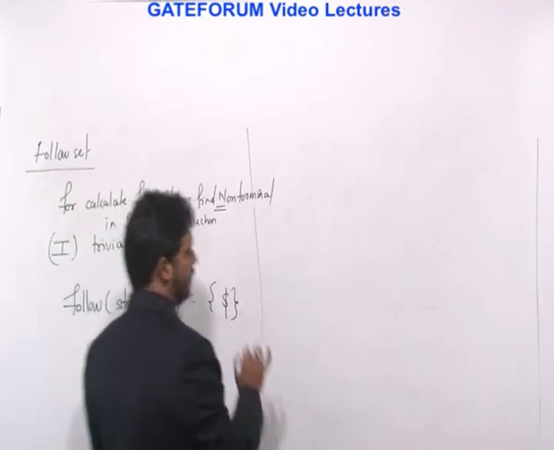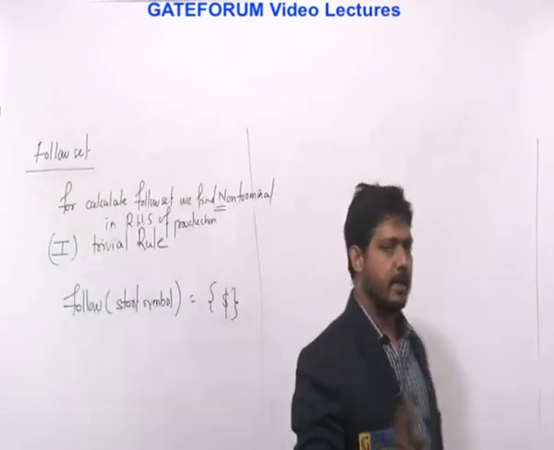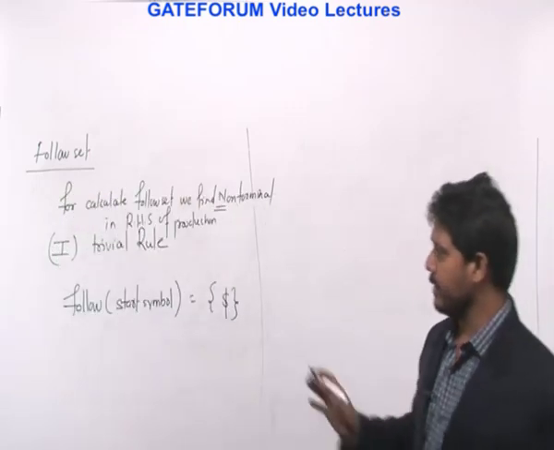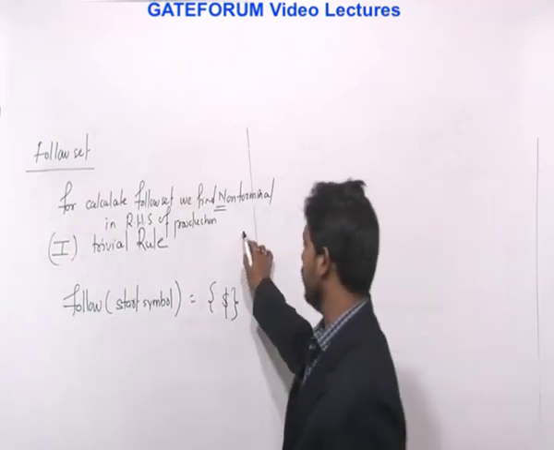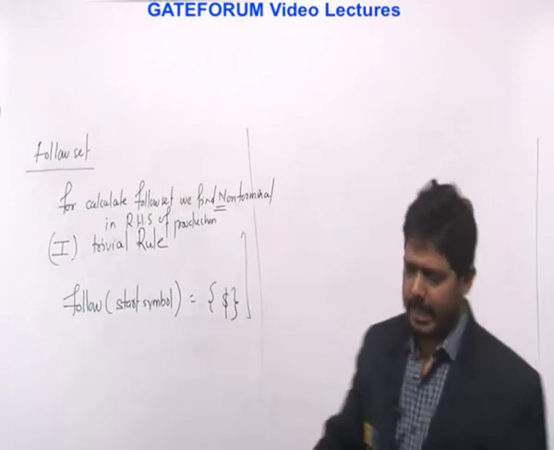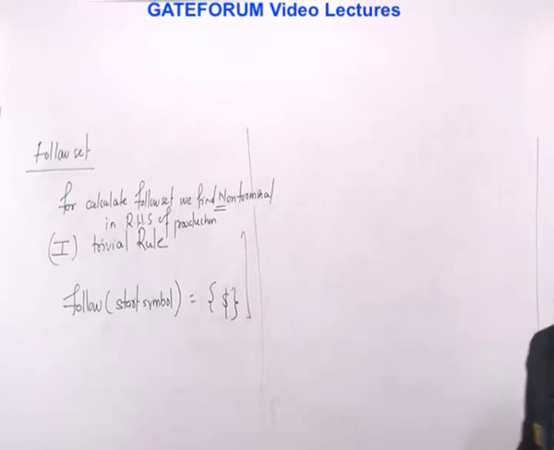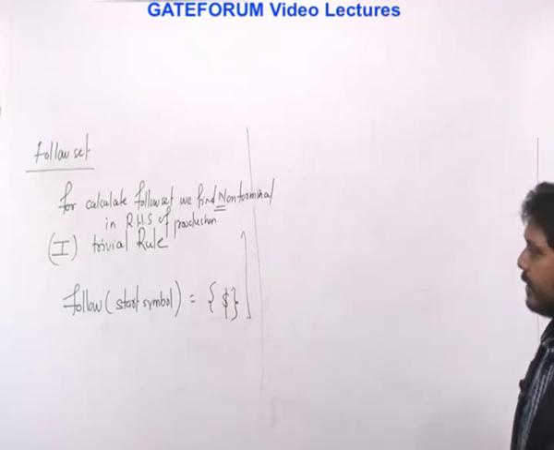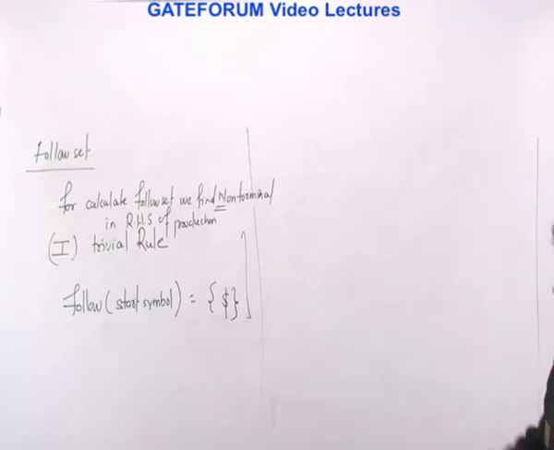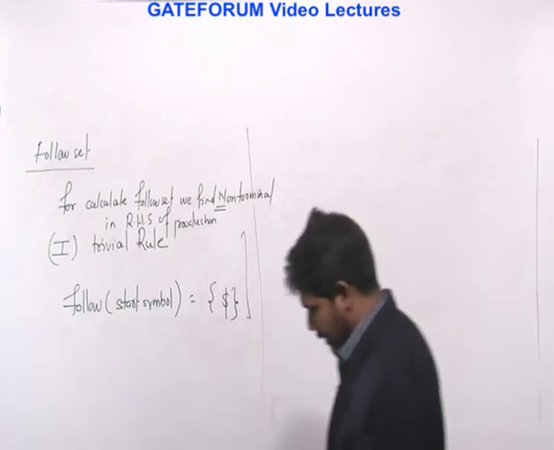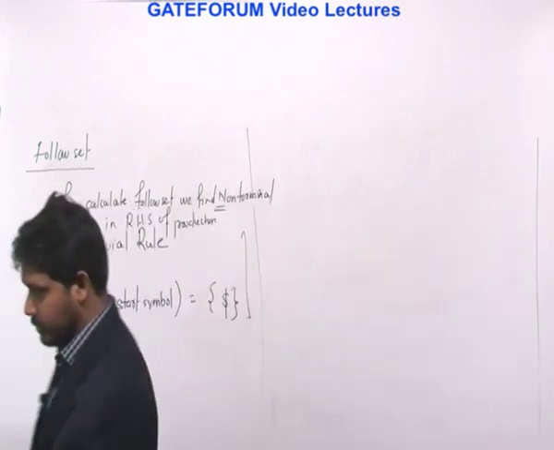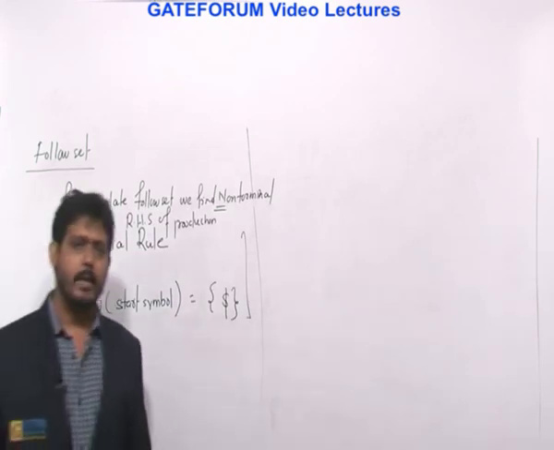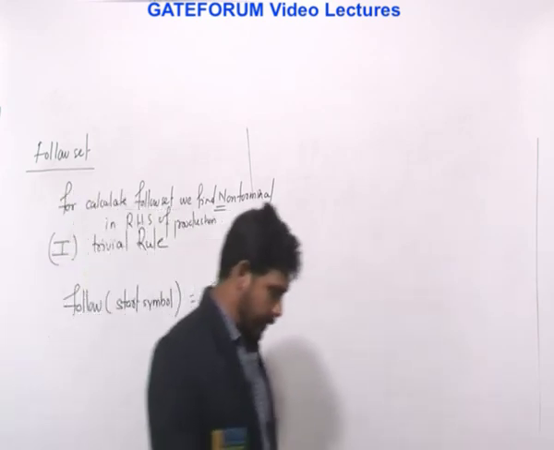So you find all the non-terminal places on the right hand side of the production. The first thing is that you will follow the trivial rule: the moment you get S, directly include dollar. And there is a dependency for calculating the follow set, you may require the first set.